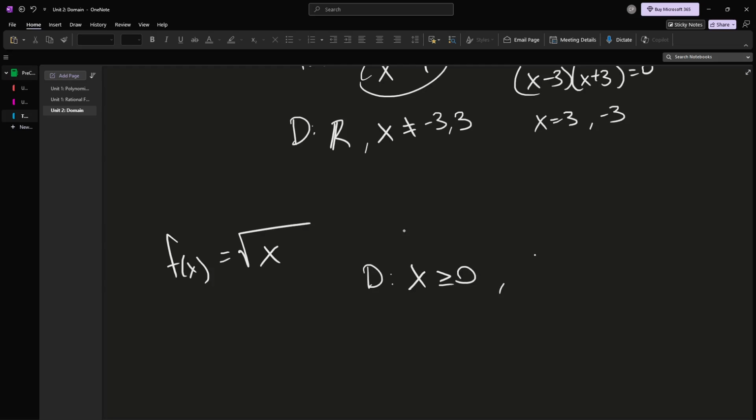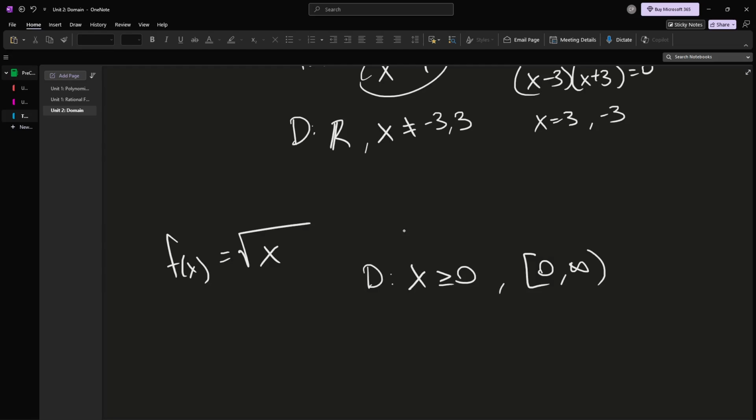Or you could write it as 0 to infinity. I could be 0 because square root of 0 is 0. I could be 1, I could be 5, I could be 27. But once I get even the slightest bit of negative, negative 0.0001, it just breaks it. So this must be true.